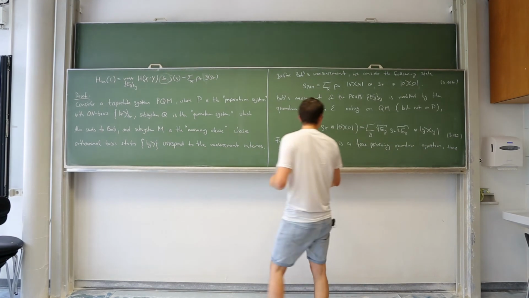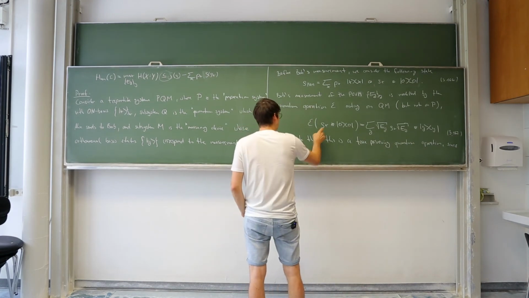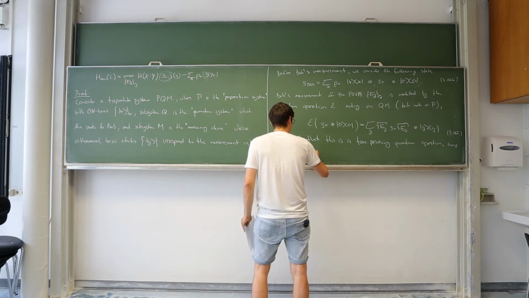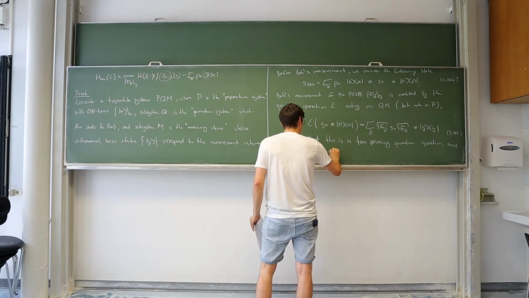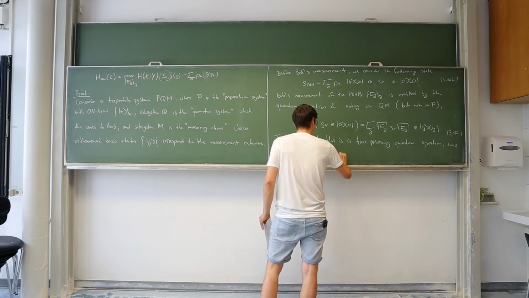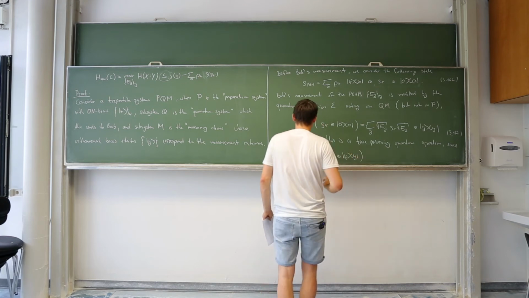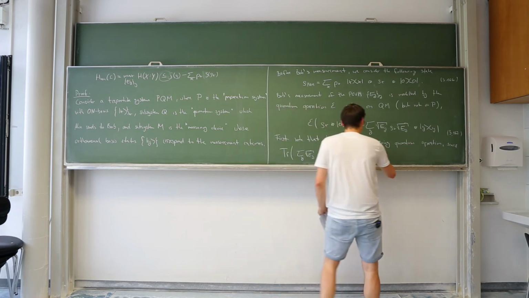So we can calculate the trace of this, which is the sum over y of square root E_y rho x square root E_y tensor |y><y|. Okay. So this is then the trace.